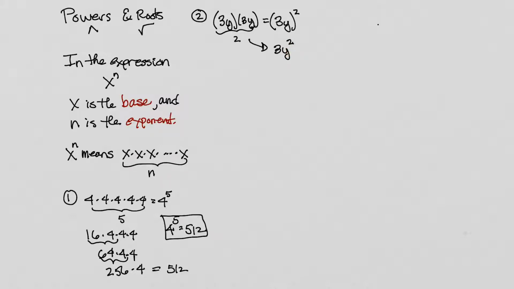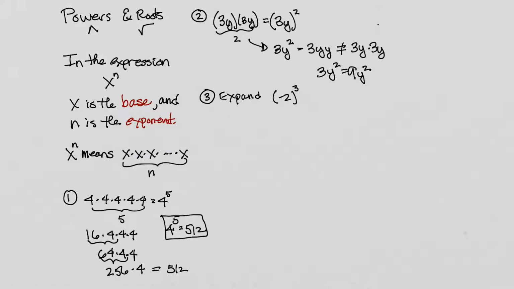If I wrote this one out, it would be 3, and then y appears twice, and that is not equal to 3y times 3y. This over here is quantity 3y squared, which is equal to 3 times 3 is 9, and y times y is y squared. So we have to be careful.